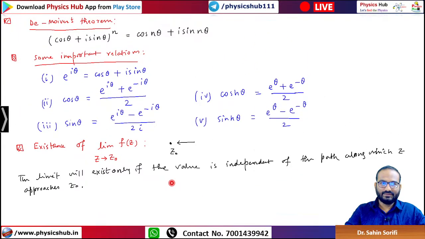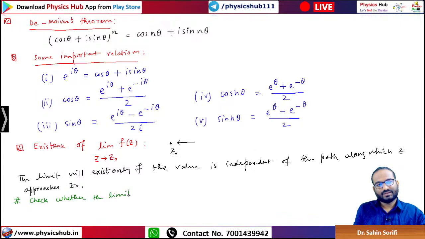Okay, for an example, let's take an example. Let's check whether the limit, z tends to 0, of z by mod z exists or not.